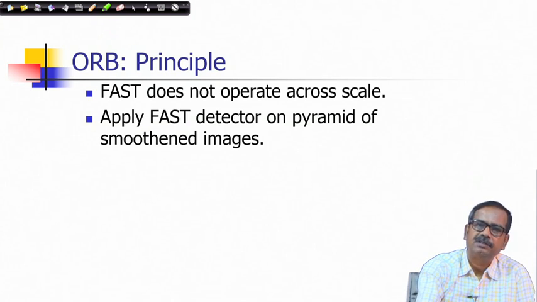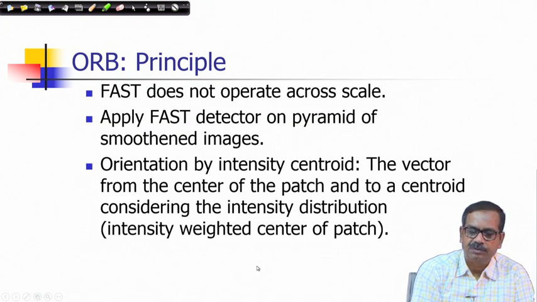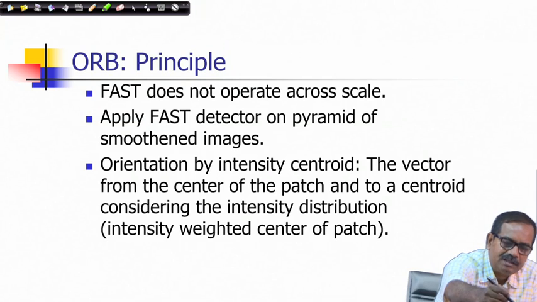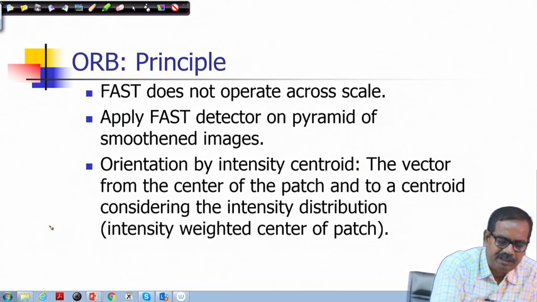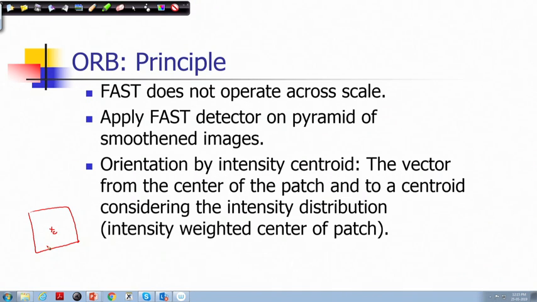So, again the multi-resolution images representation is used, and orientation compensation has been done in a very simple and tricky way, that you consider an intensity centroid. So, that is the characteristic. So, what is an intensity centroid? Say you have a key point which is given by C. Now, this is a geometric center.